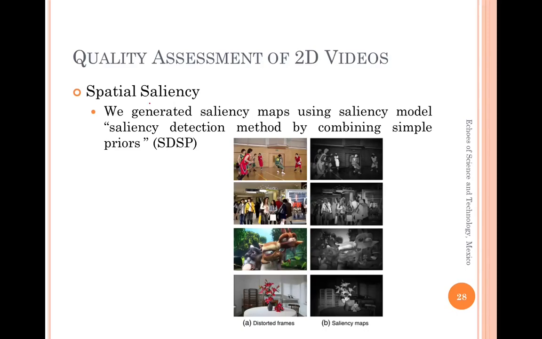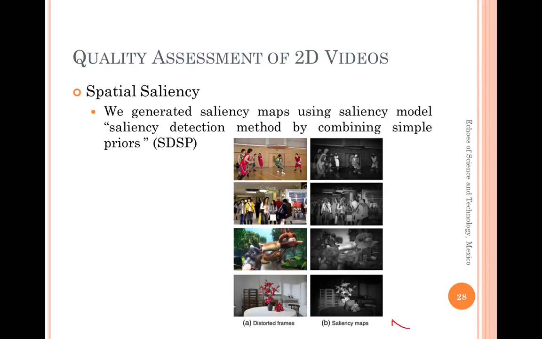Similarly, if we say that we are going to use spatial saliency, it means that the saliency information will be related to the pixels or will be generated based on the pixel formation. In this method, we generated saliency maps using a saliency model called SDSP, which is short for saliency detection by combining simple priors.